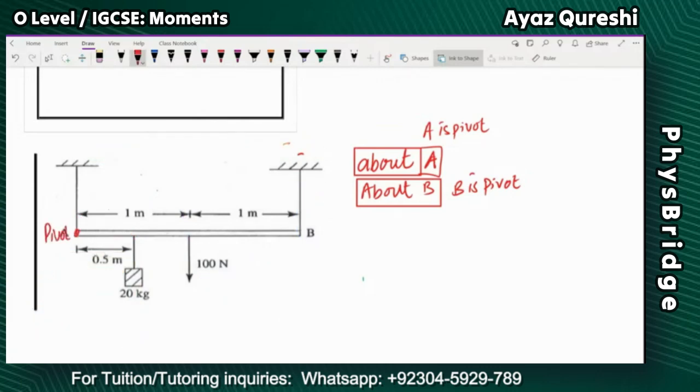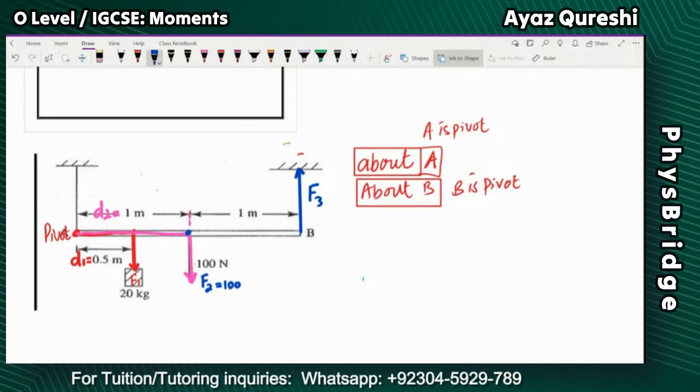Where is F1? I mark this F1 here. Is F2 here? If I want to mark the D's here, what will be D1? From pivot to F1. Actually, this is your D1, 0.5 meter. Now, if I want to find the distance from the pivot to the pink force, how much is that? I have to draw that one. This is your D2. D2 is 1 meter.